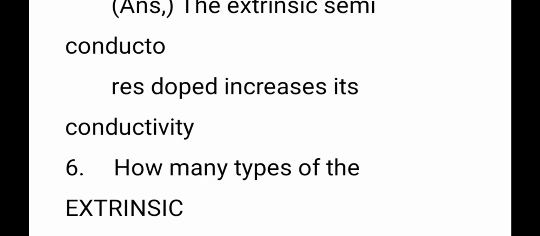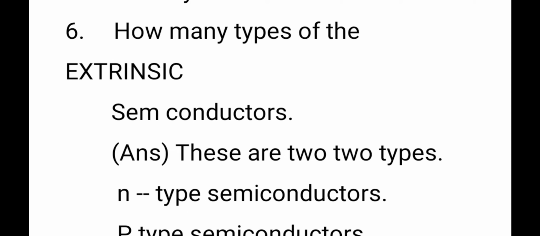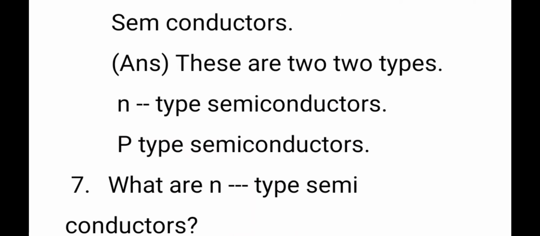When we dope, impure substances, pentavalent or trivalent, such as phosphorus, boron, bismuth, arsenic, are added to silicon and germanium, and these act as conductors. How many types of extrinsic semiconductors? There are two types: N-type semiconductors and P-type semiconductors.